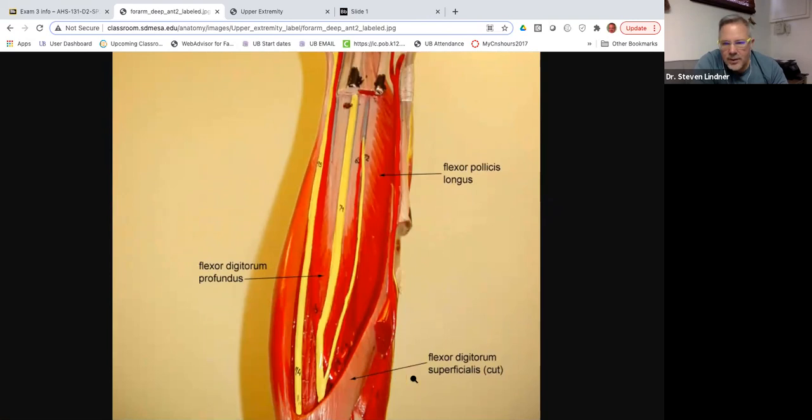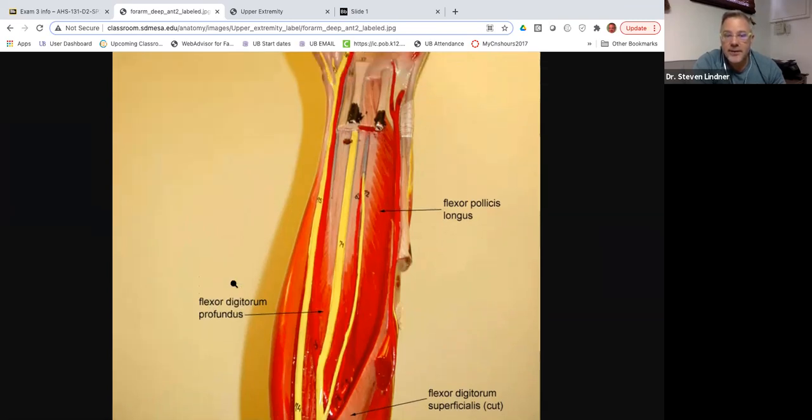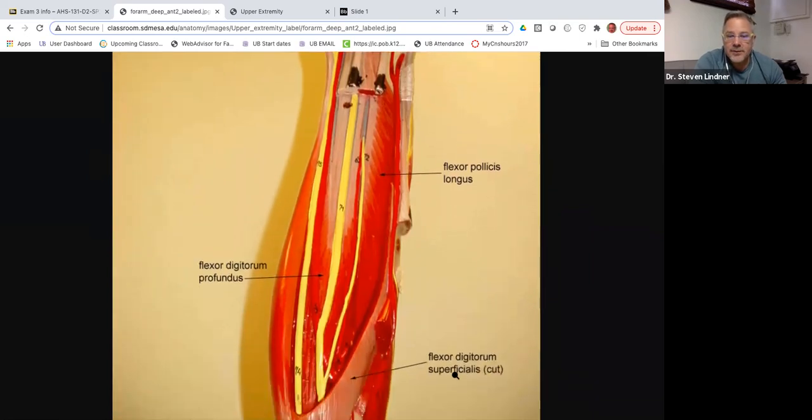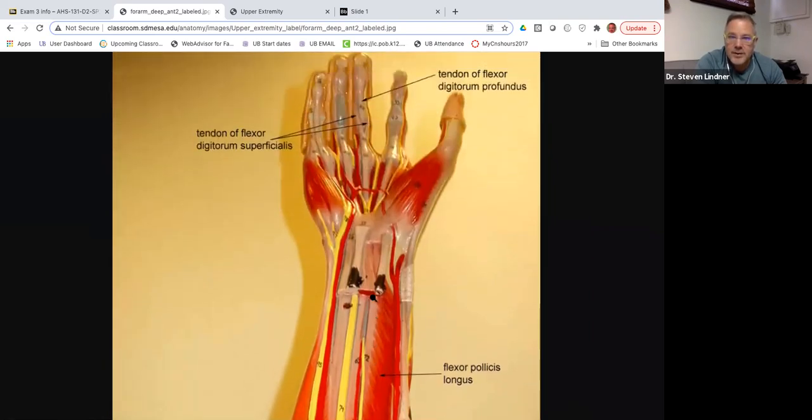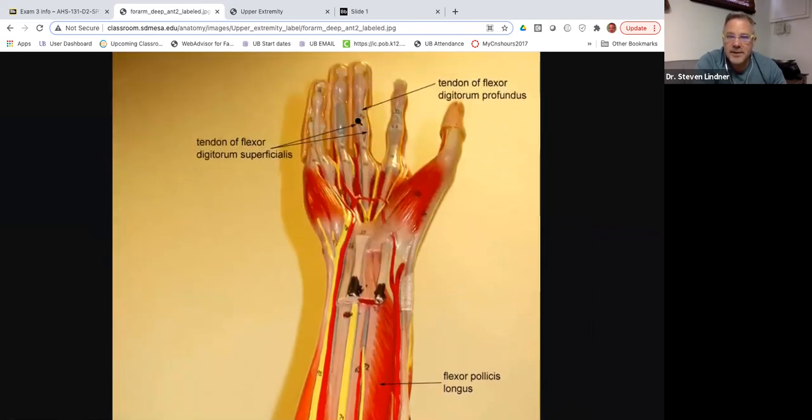Now, here's the Flexor Digitorum Superficialis, the muscle that I just went over, but you could see it's a superficial muscle by its name. They cut it. You could see the slice here so that we can see what's deep to it, which is the Flexor Digitorum Profundus. So the Flexor Digitorum Superficialis and Flexor Digitorum Profundus, both of these two are responsible for flexing the fingers.